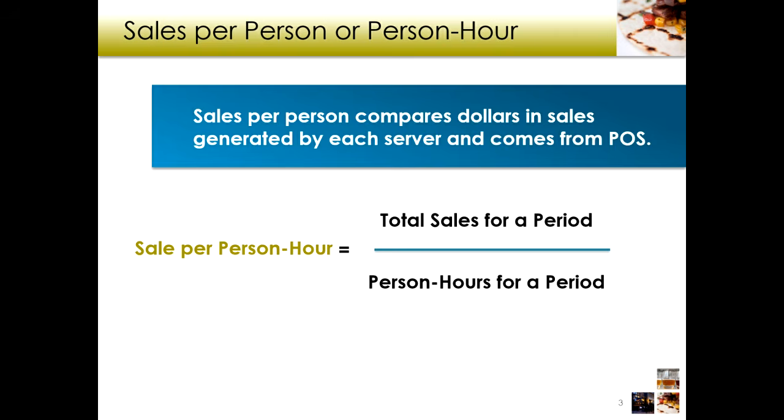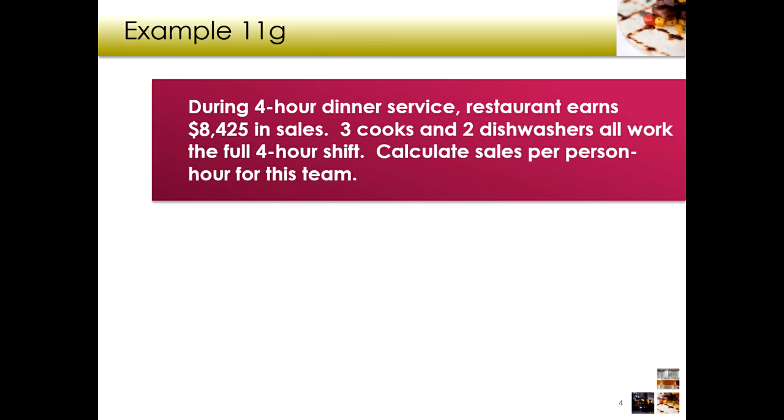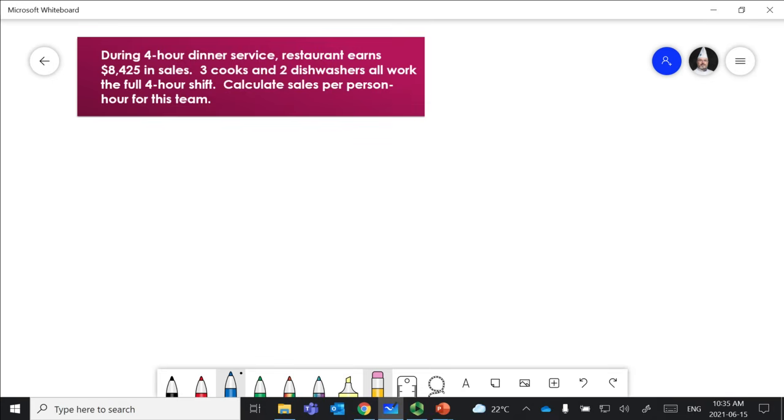So first example I have here, we have a 4-hour dinner service and a restaurant earns $8,425 in sales. We have 3 cooks and 2 dishwashers and all work a 4-hour shift. Calculate our sales per person hour for this team. So the first thing you need to do is figure out how many hours you're paying.